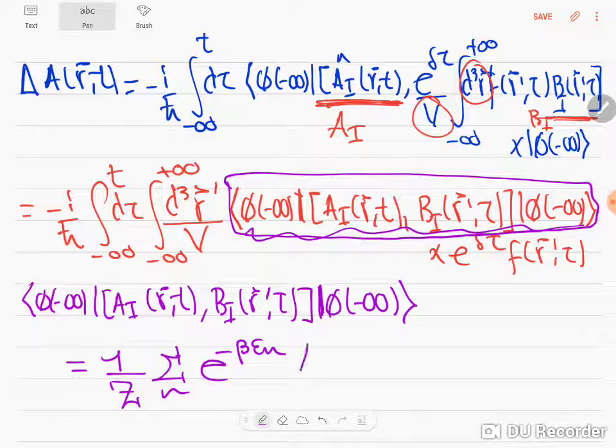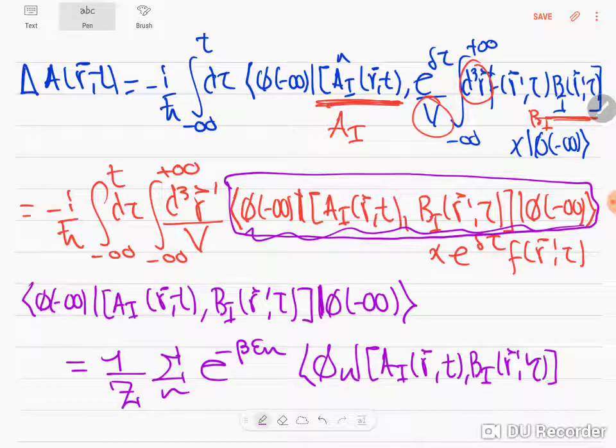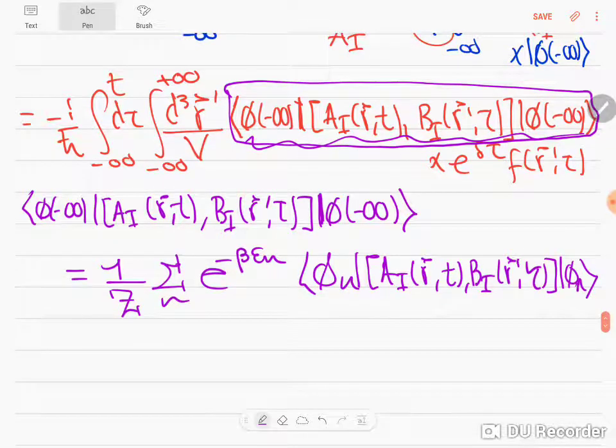Phi n, which are the associated eigenstates for each of the energies, A sub I of r comma t, B sub I of r prime comma tau, close the commutation relation, acting on the ket of phi sub n, and this I will simplify in the following form.